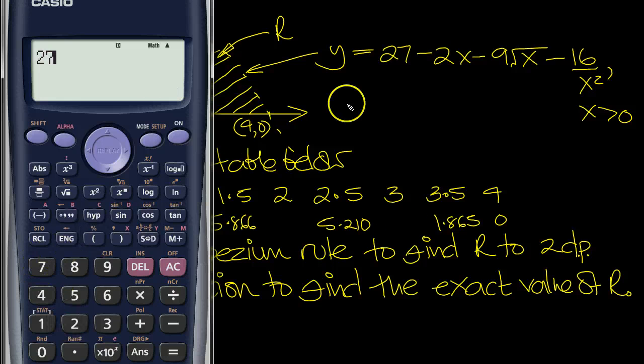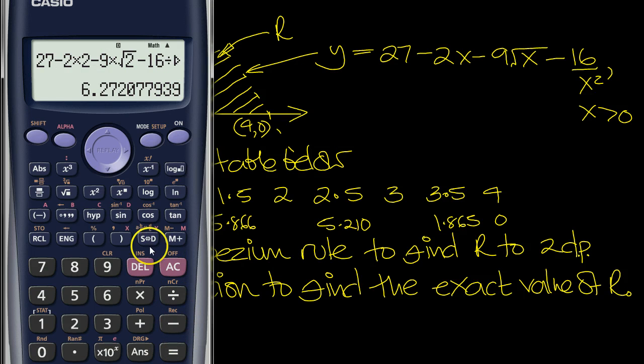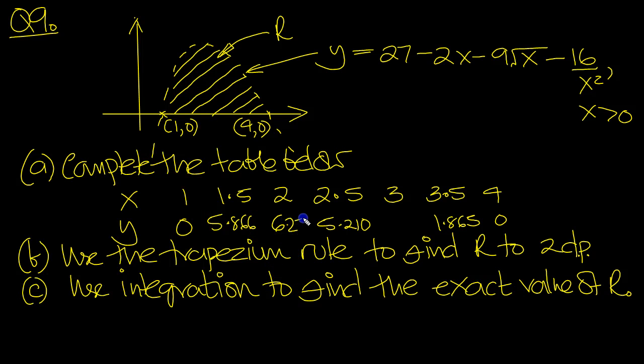So 27 minus, put 2 in here, would be 4, wouldn't it? 2 times 2, minus 9 times the square root of 2, minus 16 divided by 2 squared, isn't it? Decimal 6.272. 6.272 to 3dp.